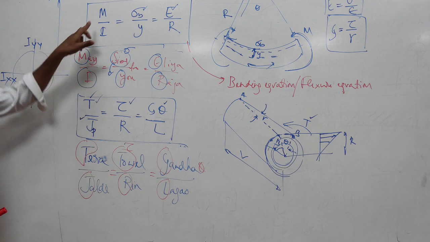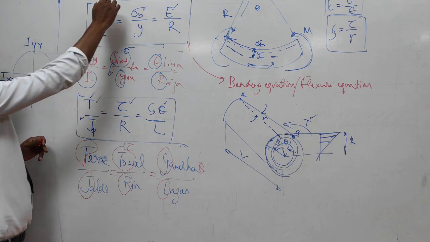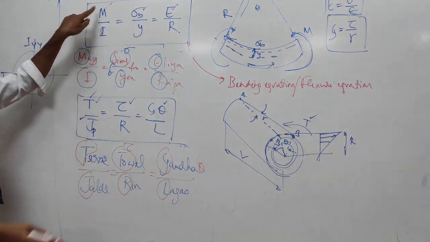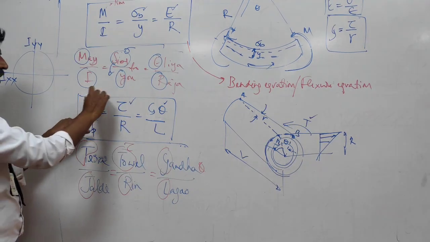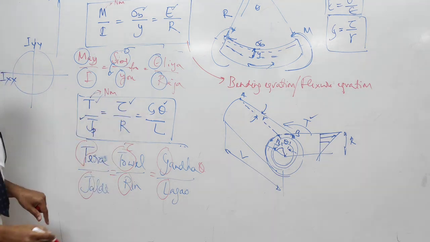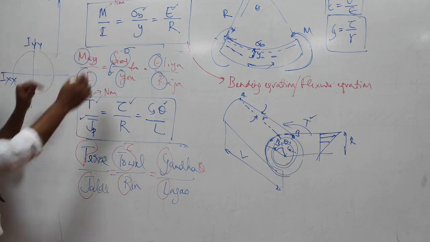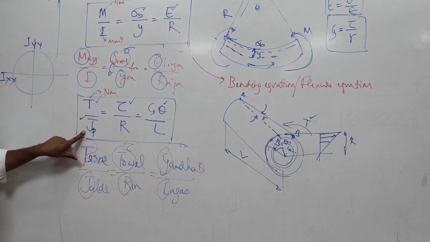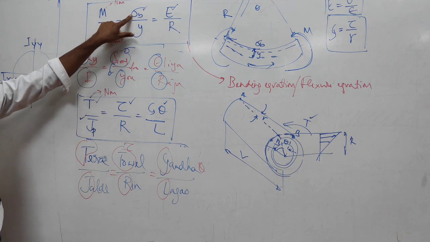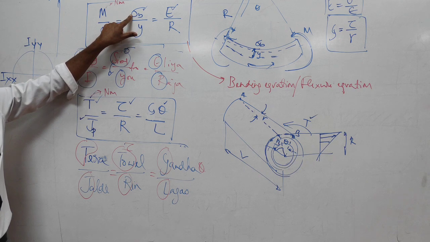Guys, very similar to this, moment is in Newton meter. Here the torque is in Newton meter. Here this is mm to the power of 4, and here also mm to the power of 4. And shear stress, like bending stress, is Newton per mm square or Newton per meter square.